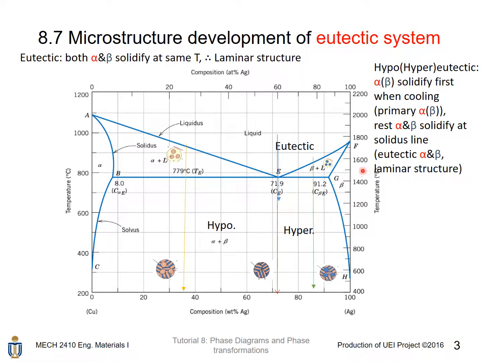For beta phase or for hypereutectic alloy, it has a very similar thing. You can see in the green line here. First, there will be some primary beta phase in the shape of grains, the blue grains, and then it will be the laminar structure, both eutectic alpha and beta phase, after passing through the solidus line.